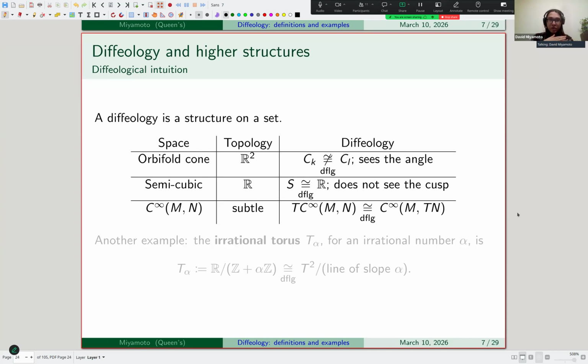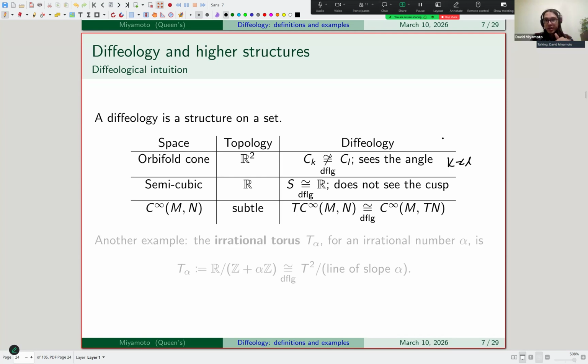So if I have the orbifold cone, the C_K, where I did a quotient of the plane by the cyclic group, then topologically this is R^2, but diffeologically, the natural diffeology on these spaces will see the angle. So they will not be diffeomorphic if K does not equal L. If K equals L, it's the same space.